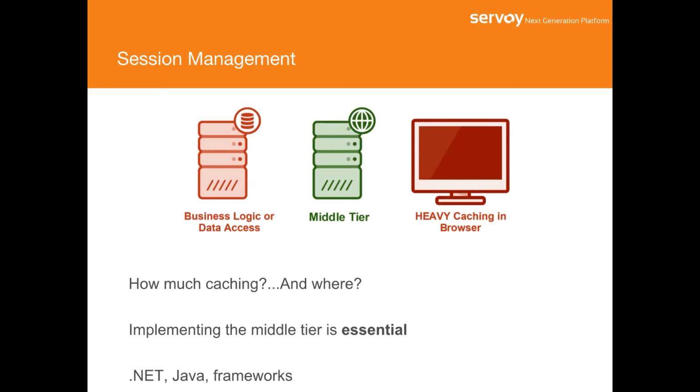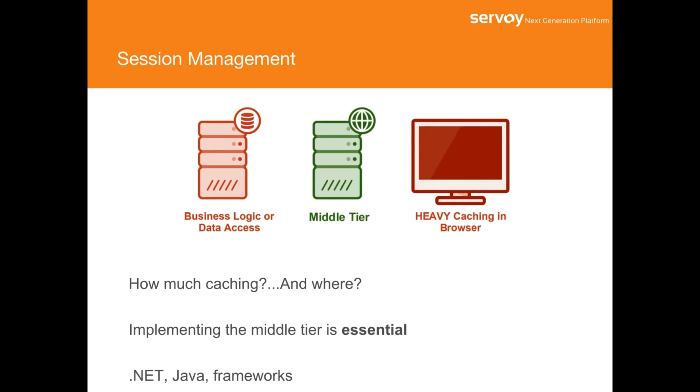So just in summary about session management, where we see the most success is when the caching that goes on in the browser has to do with what's happening in the UI only. We're not pushing lots of business logic or data into the browser.